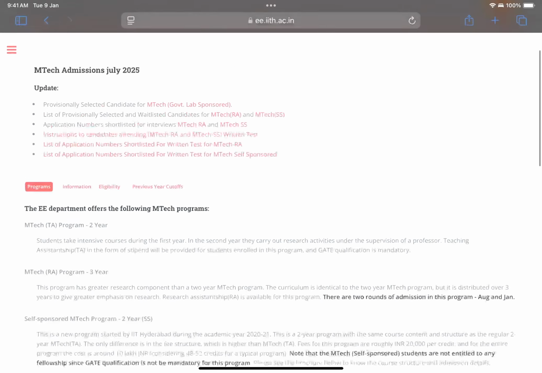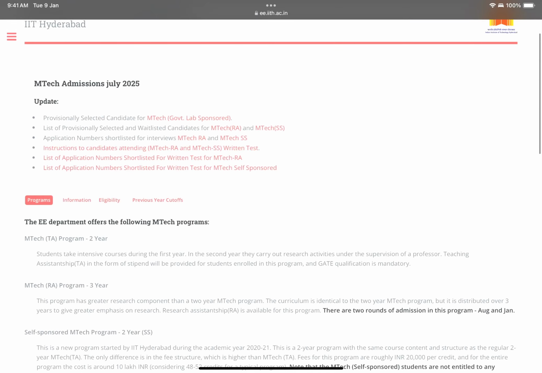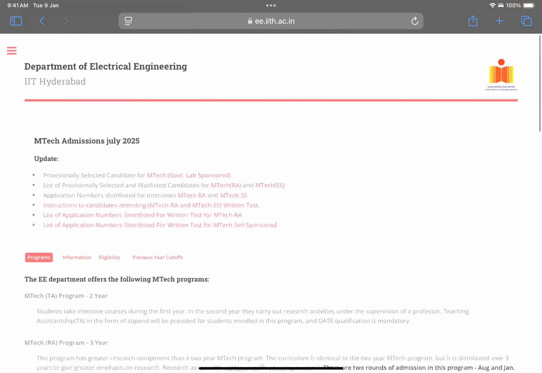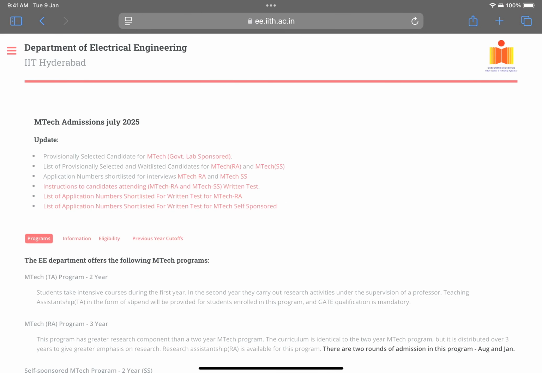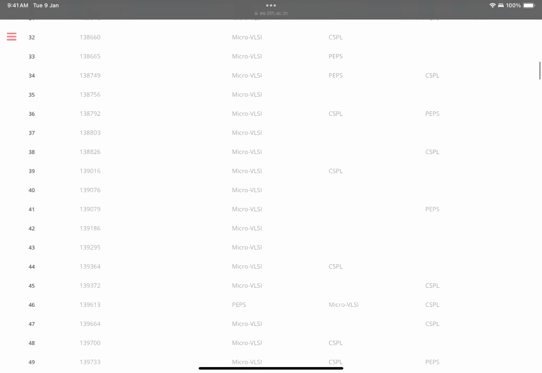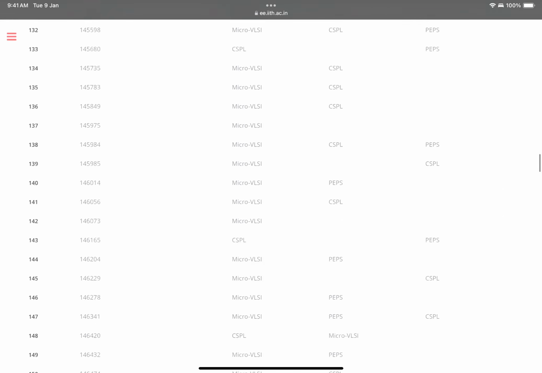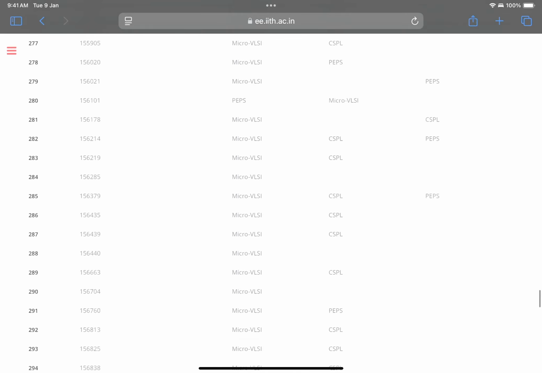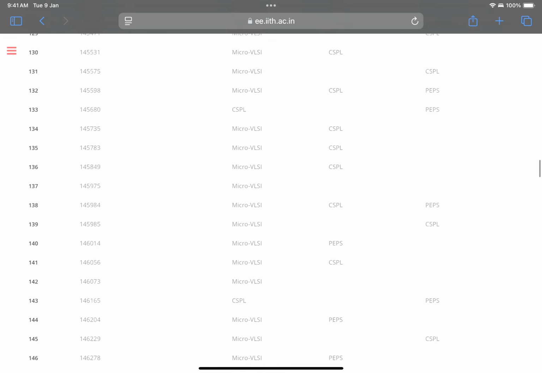Okay. Now here we can see there is a list of how many people were shortlisted for the MTech RA written shortlisting. So here are the candidates who were in the MTech RA shortlisting, and you can see the list is huge, and most of the people were shortlisted for Micro VLSI.